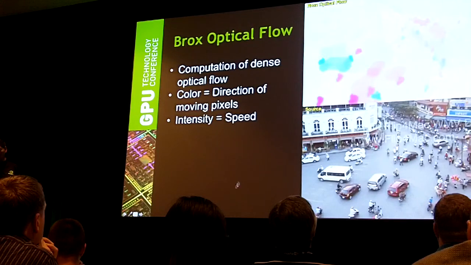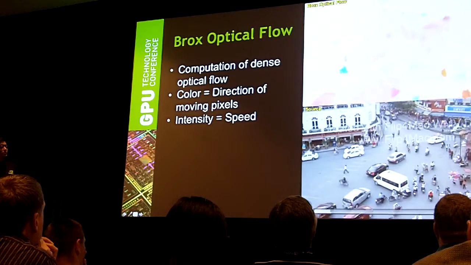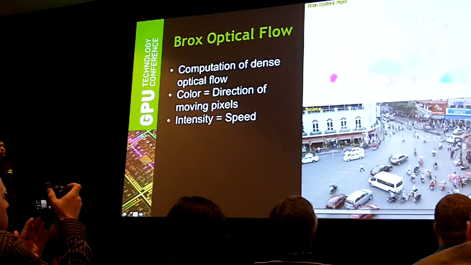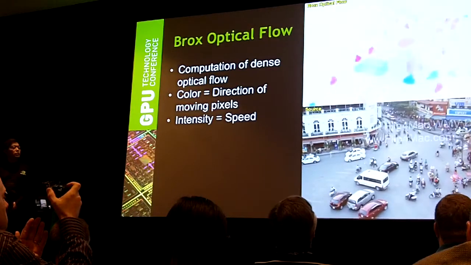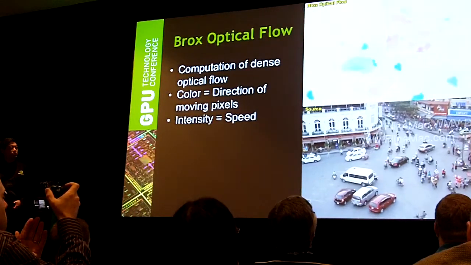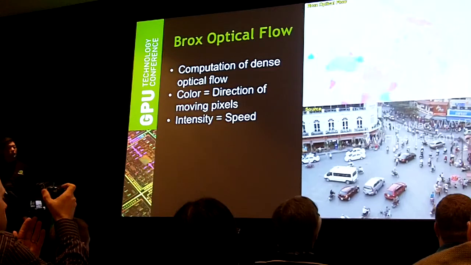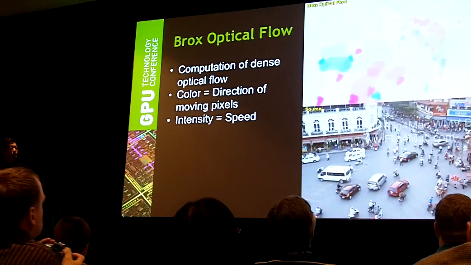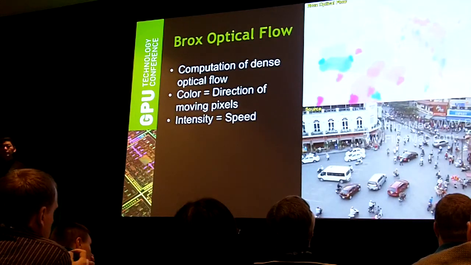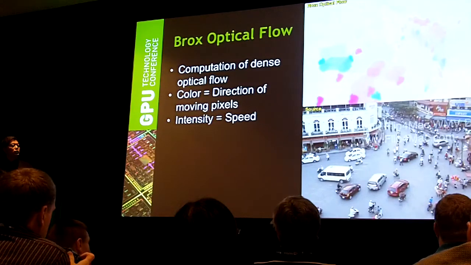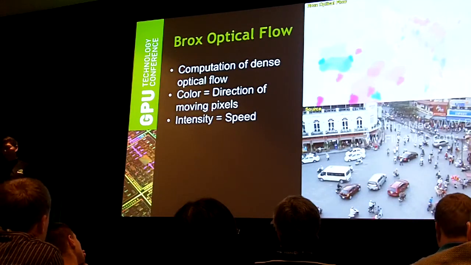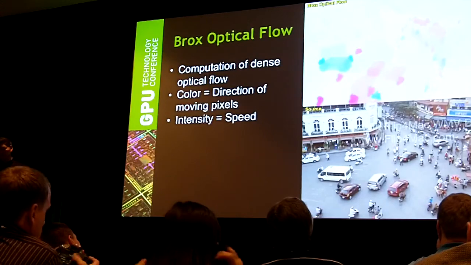The color in this scene represents the direction of the moving pixels, and the intensity of the color represents the speed. So a more distinct, stronger color means that a particular object within the scene is moving at a higher velocity.